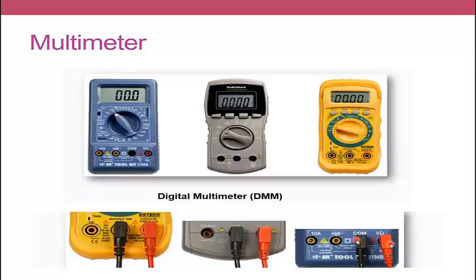But if we are going to measure the current, we have to move this red probe from this connection and put it here or there. If we are going to measure in milliamperes, we will put it here. If we have more than milliamperes, up to 10 amperes, we are going to put it here.